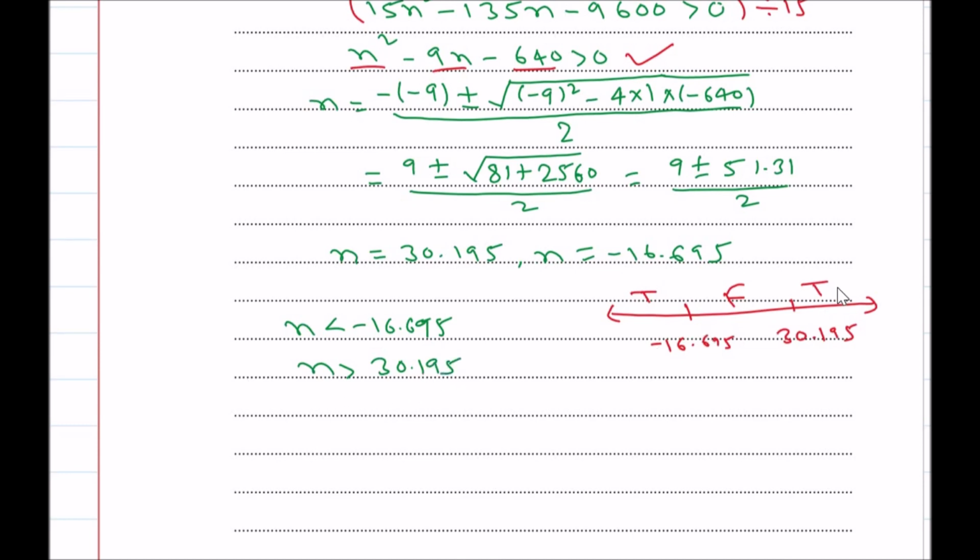Here from this part, this is greater than, this is smaller than. Now n cannot be in decimal, so we'll take the next positive whole number. So finally, n equal to 31. So this is your answer.